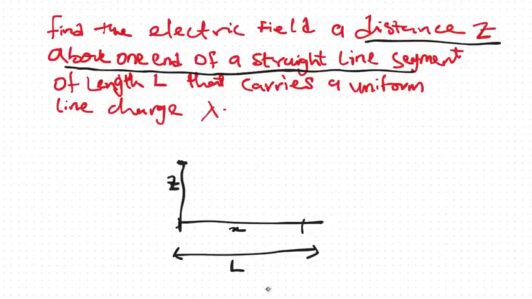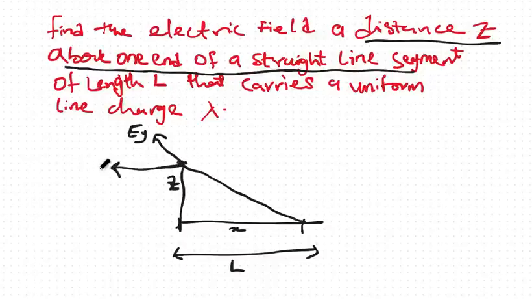So to solve this, you're going to resolve this in both horizontal and the vertical component. This is the EY, and the EX will be pointing in the negative direction. This is EX.